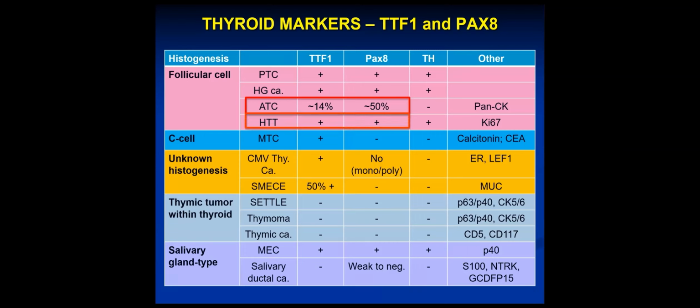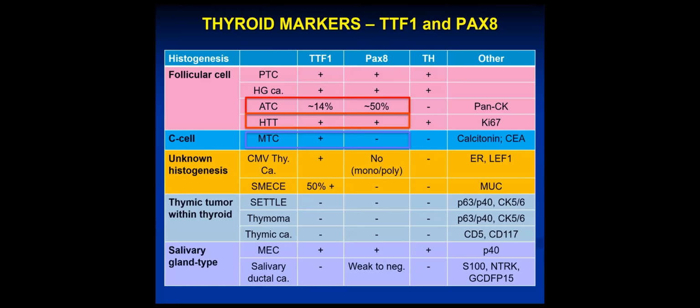In follicular cell-derived neoplasms, hyalinizing trabecular tumor, which is a low-risk neoplasm, is positive for TTF1 and PAX8 and has membranous staining for Ki67. For C-cell-derived medullary thyroid carcinoma, it's positive for TTF1, and please remember it's negative for PAX8.